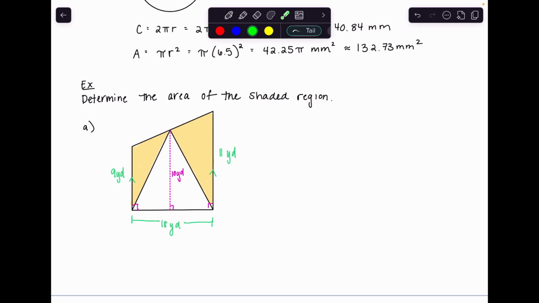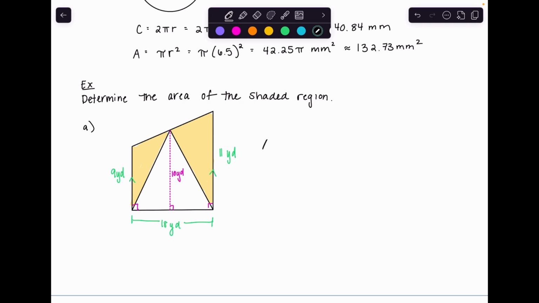If I identify this bigger figure, the larger outermost piece is going to be a trapezoid because I have those two sides that are parallel and they're completely different values. If I find the area of the trapezoid, it gives me all of this area. I need to remove this piece here, which is a triangle.